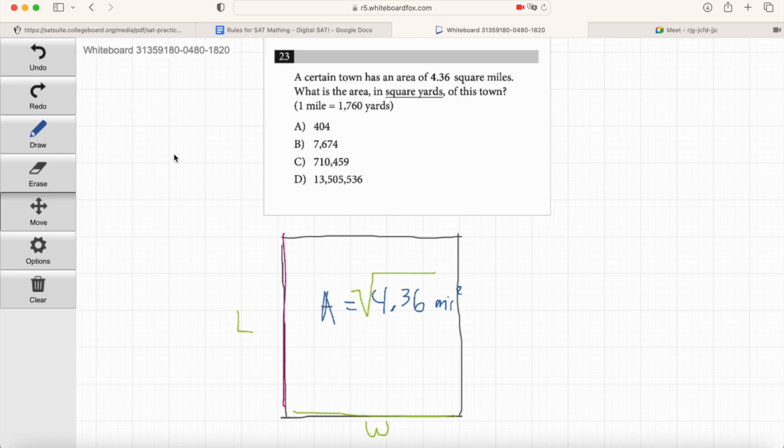So let's take the square root of 4.36. I'm just going to punch that in my calculator. You do the same? Let me know what you get. 2.088. And be careful when you're rounding.